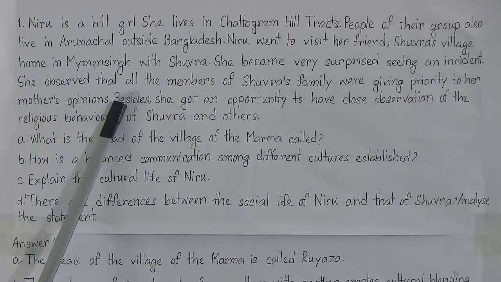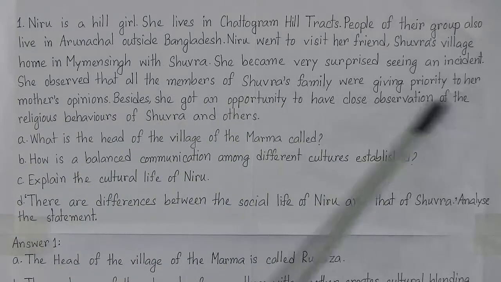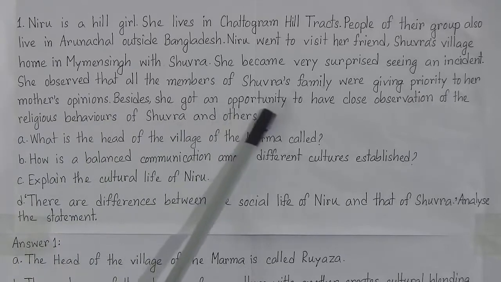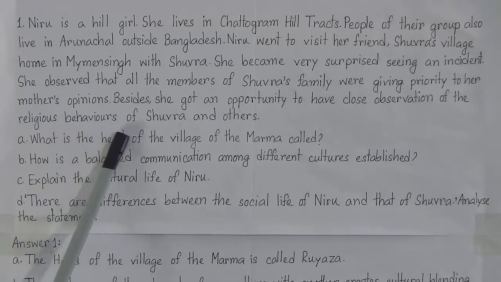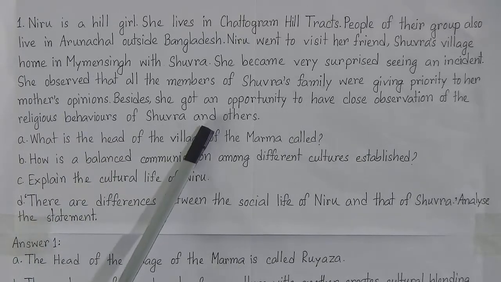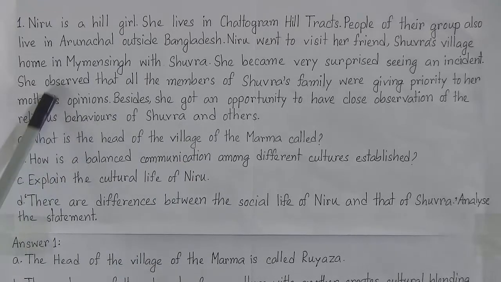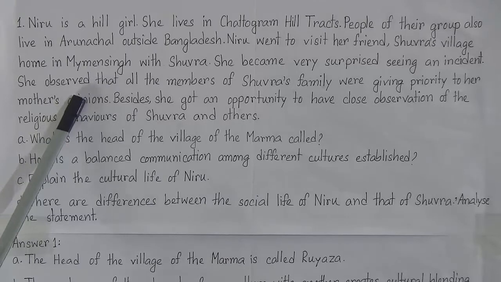She observed that all the members of Shubro's family were giving priority to her mother's opinions. Besides, she got an opportunity to have close observation of the religious behaviors of Shubro and others. So this is our stem. There are two persons, Niru and Shubro, and they belong to two different ethnic minority groups.